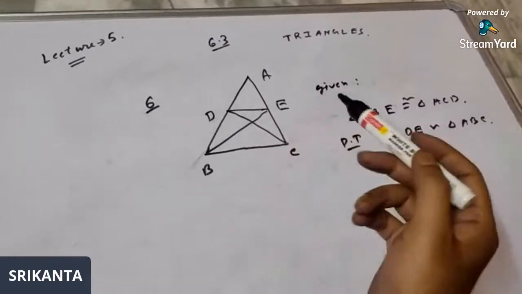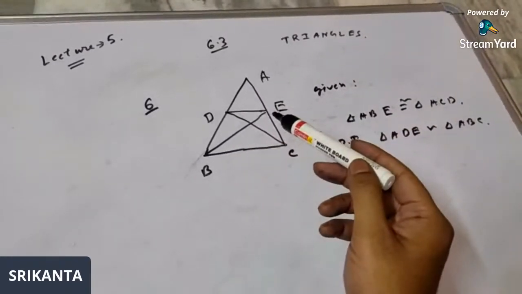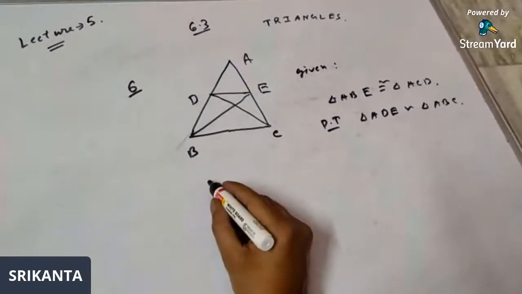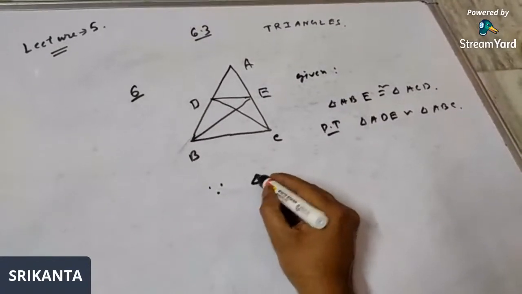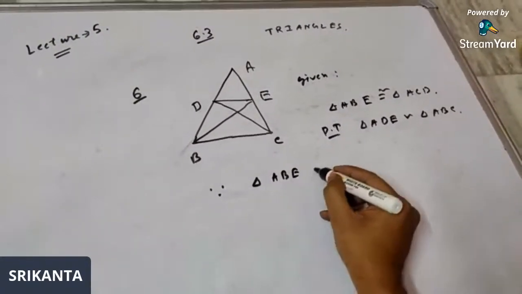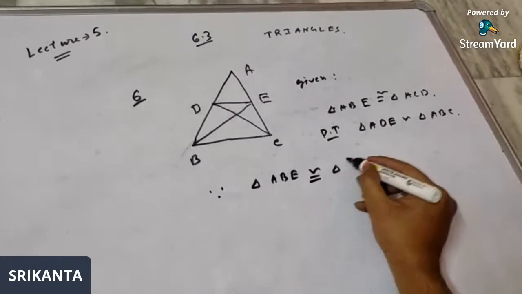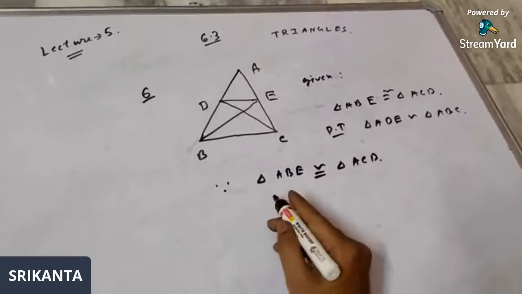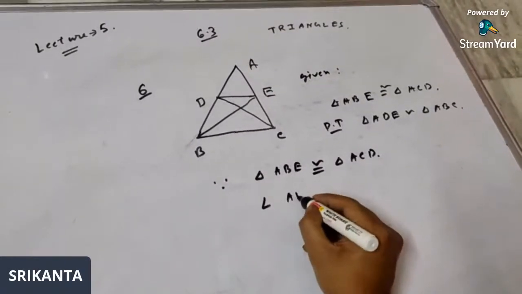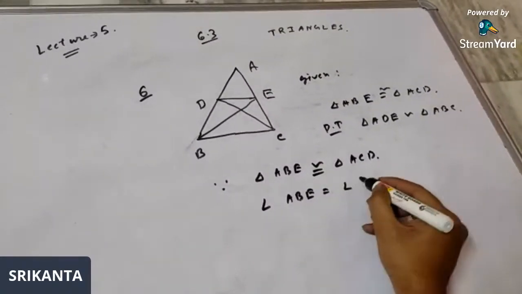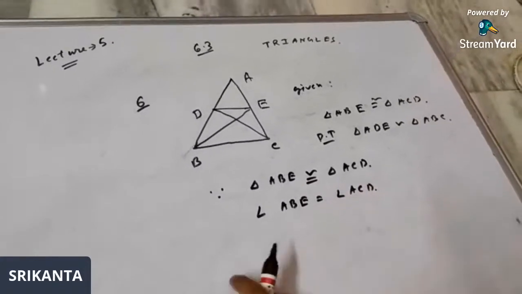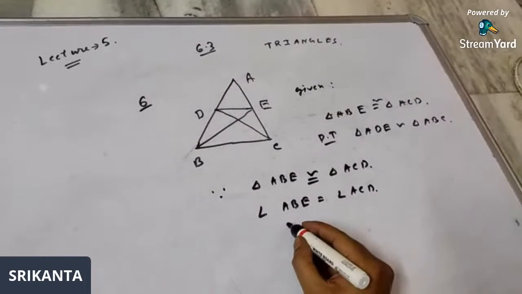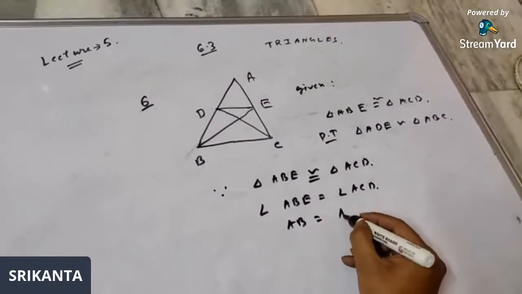So ABE and ACD, these are congruent, given. So since triangle ABE is congruent to triangle ACD, what do we have at first? Angle ABE is equal to angle ACD, number one, right? And we have AB equal to AC.